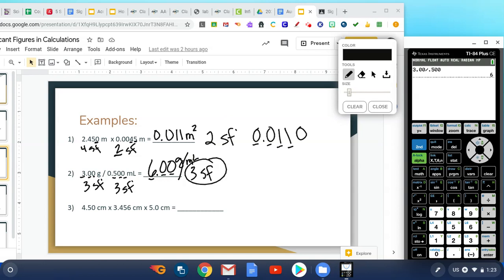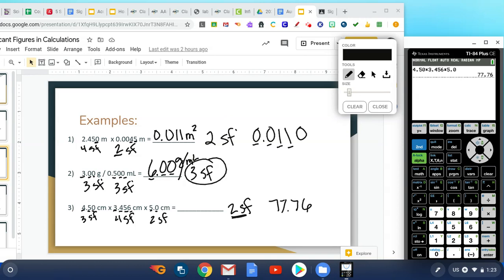For the third problem, I have 1, 2, 3 sig figs here, 1, 2, 3, 4 sig figs here, and only 2 sig figs here, so I should have 2 in my answer. Now I'm going to do the math. 4.50 times 3.456 times 5.0 equals 77.76.